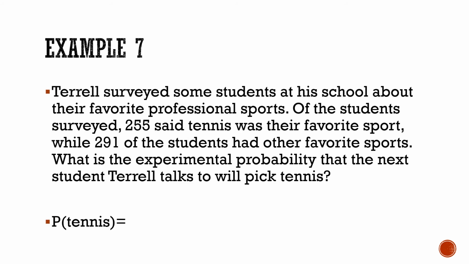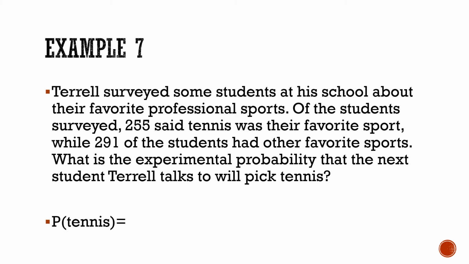Terrell surveyed some students at his school about their favorite professional sports. Of the students surveyed, 255 said tennis was their favorite sport, while 291 of the students had other favorite sports. What is the experimental probability that the next student Terrell talks to will pick tennis? Okay, so the probability of tennis.